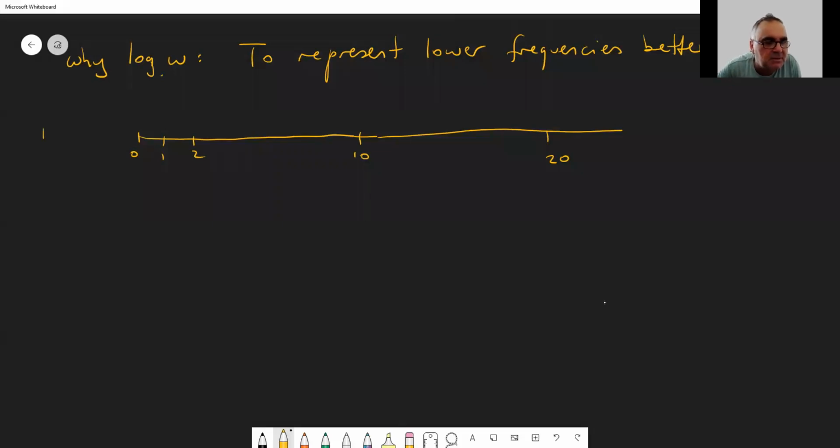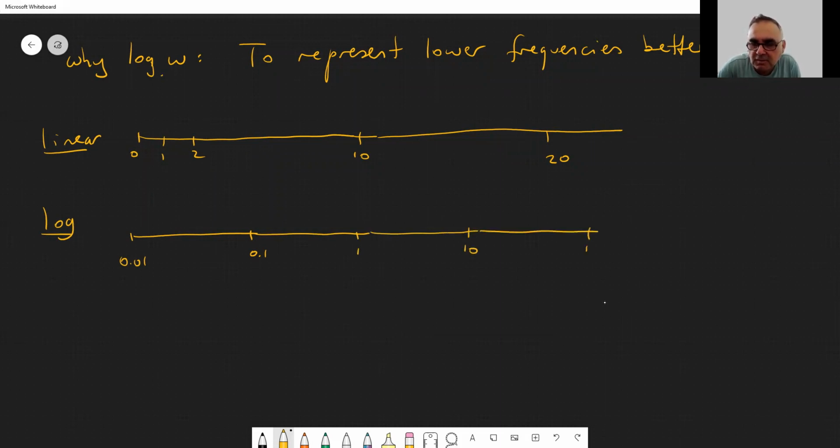This is the linear plot, as you see. Whereas in the log plot, you cannot have 0, but you can have 0.01, let's say. And you have 0.1, 1, 10, 100, and you can even have 1,000. So you can represent a lot of information in this plot.